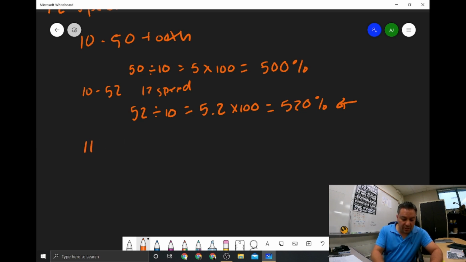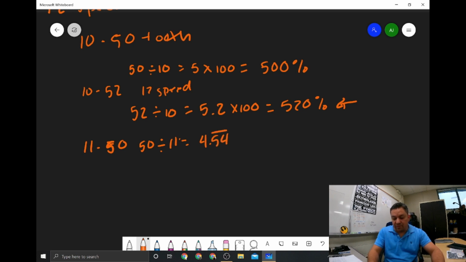Let's do 11 to 50, because that's what I have on my 11-speed groupset that I had on my Axum. I had that configuration, 11 to 50 tooth. So this one is 50 divided by 11, which gives me 4.54, the 54 repeats. When you multiply times 100, you get a 454 gear range.